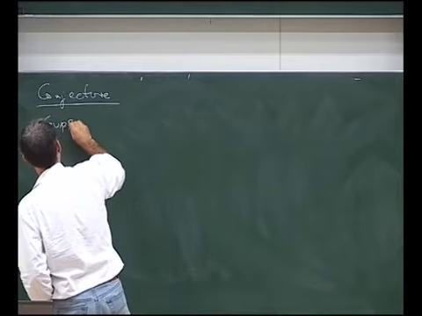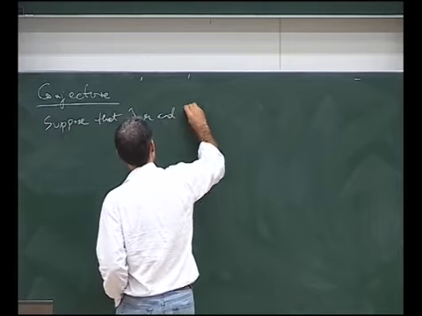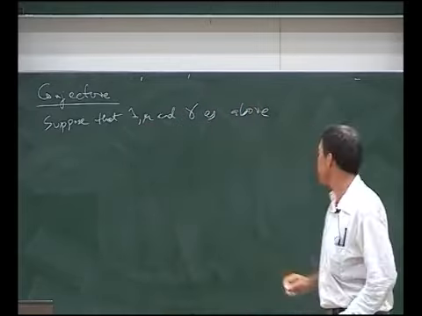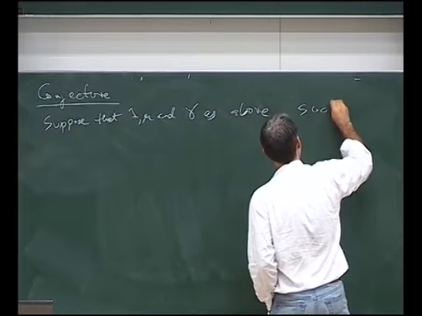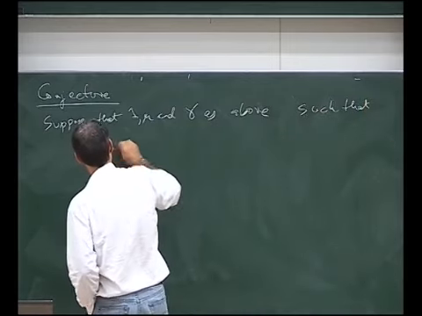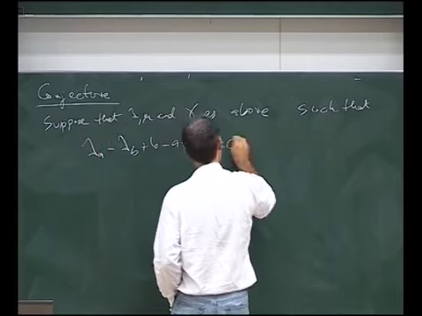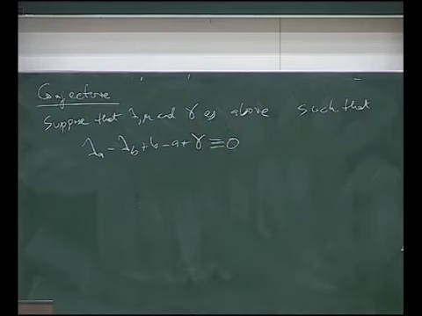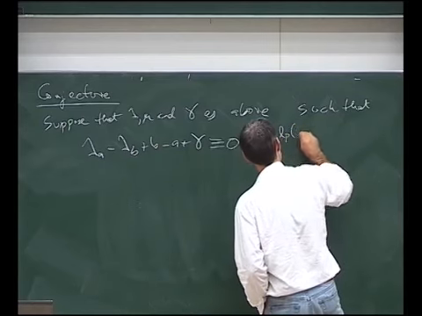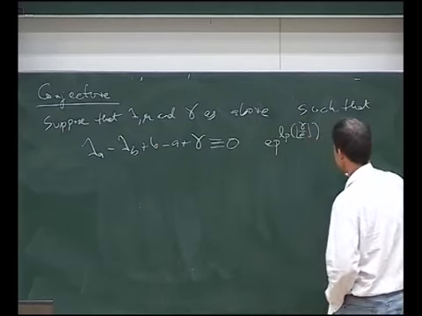So the natural analog of Carter-Payne in this case should be the following. We take lambda, mu, and gamma as above, as in my picture on the right-hand side. And we should require that lambda_A minus lambda_B plus B minus A plus gamma is equal to 0, but modulo what?